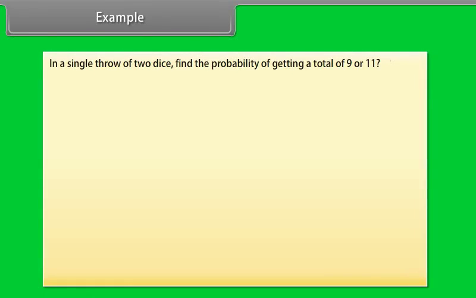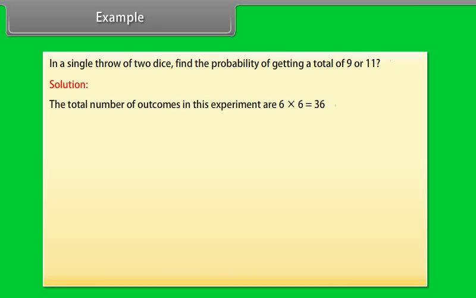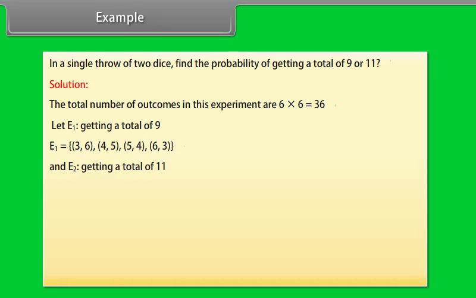In a single throw of 2 dice, find the probability of getting a total of 9 or 11. Solution. The total number of outcomes in this experiment are 6 into 6 is equal to 36. Let E1 be getting a total of 9. E1 is equal to (3,6), (4,5), (5,4), (6,3) and E2 getting a total of 11.